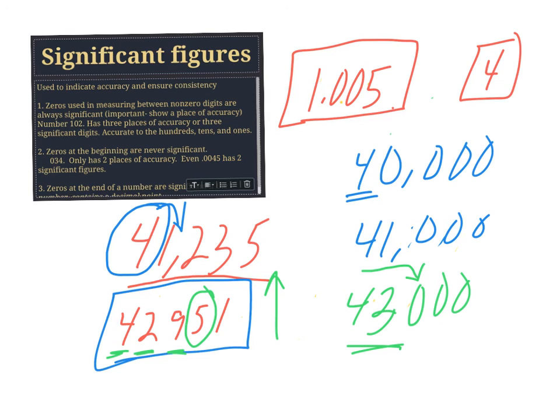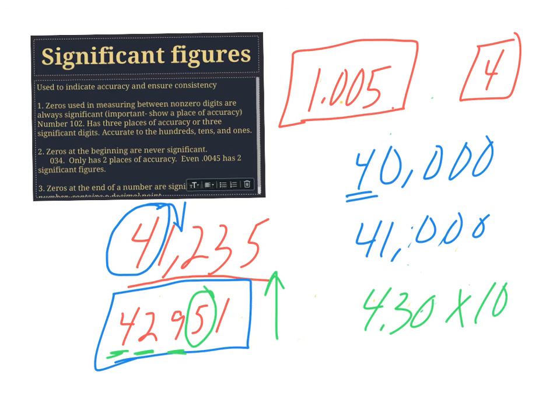The only way that you can do this problem to show the correct number of significant figures is to put the answer into scientific notation. And so the answer should be 4.30 times 10 to the 4th. Now that shows 43,000, but it also shows 43,000 measured to 3 places.